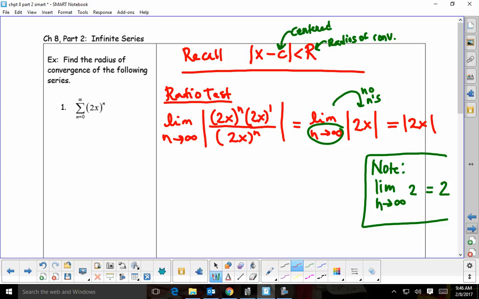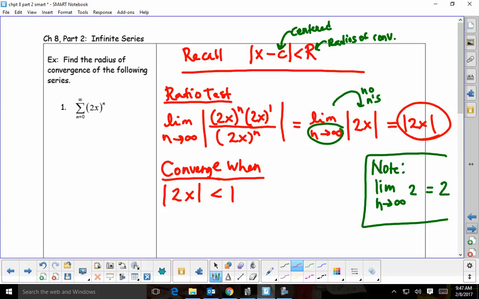Okay, so by the ratio test, I know that we would converge absolutely when that guy is less than what? Well, you reduced too much, but yes. Just when that guy is less than 1. That's what the ratio test says: when this answer right here is less than 1, we converge.